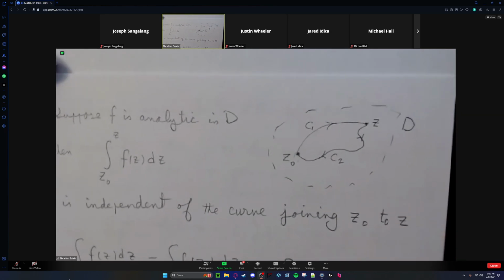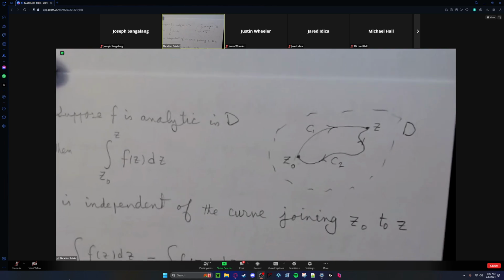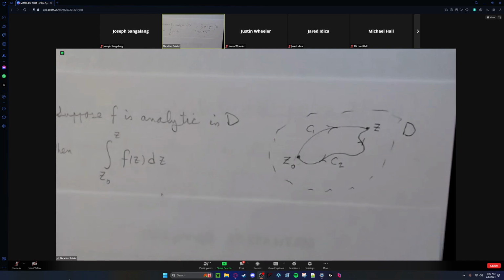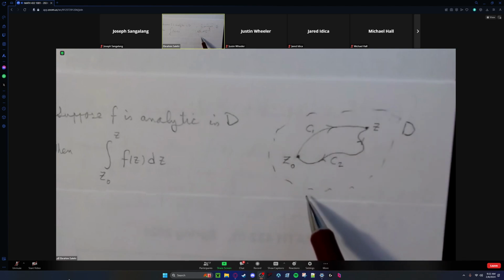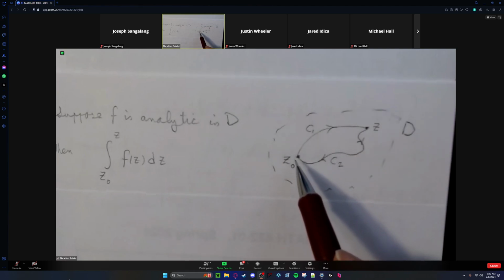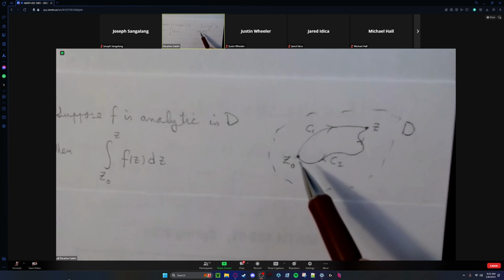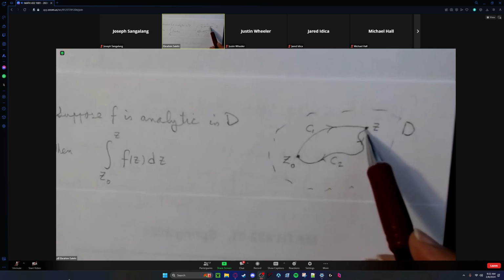If the function is analytic in a simply connected domain, analytic here, and you are not integrating on a closed curve, you want only to integrate from z naught to this point.